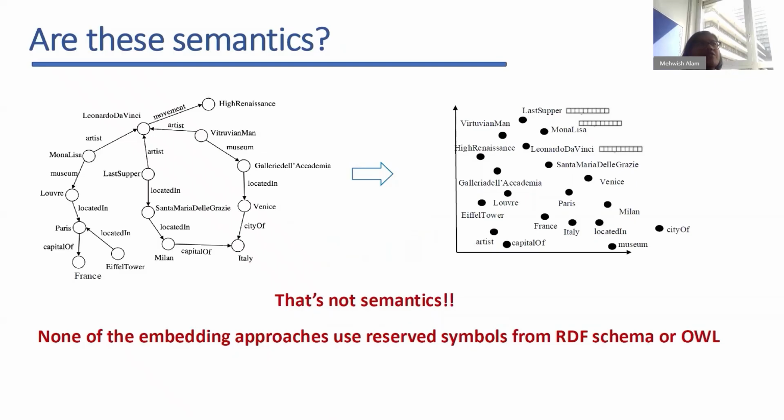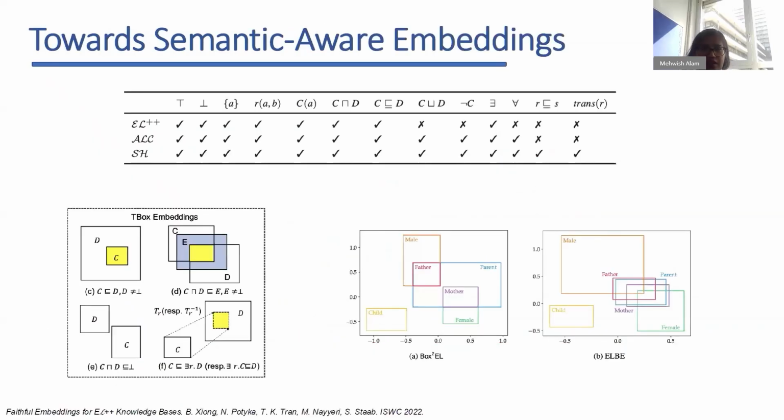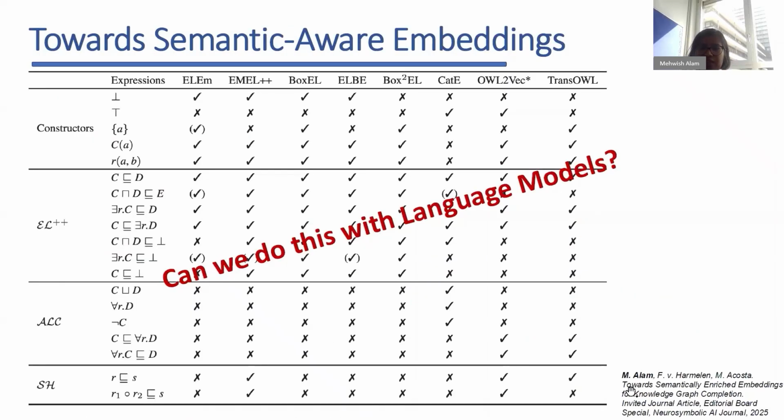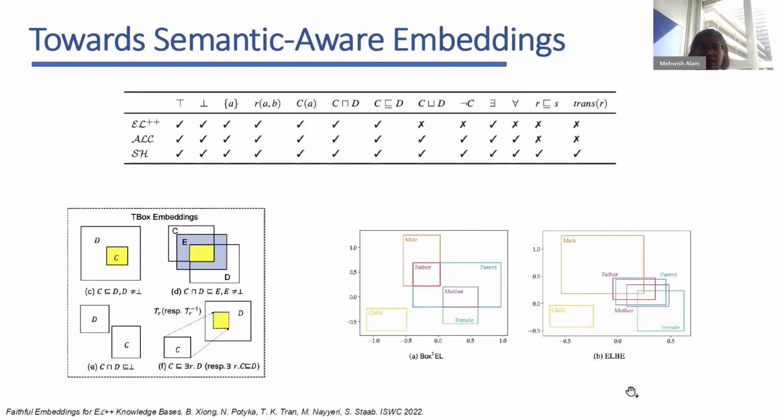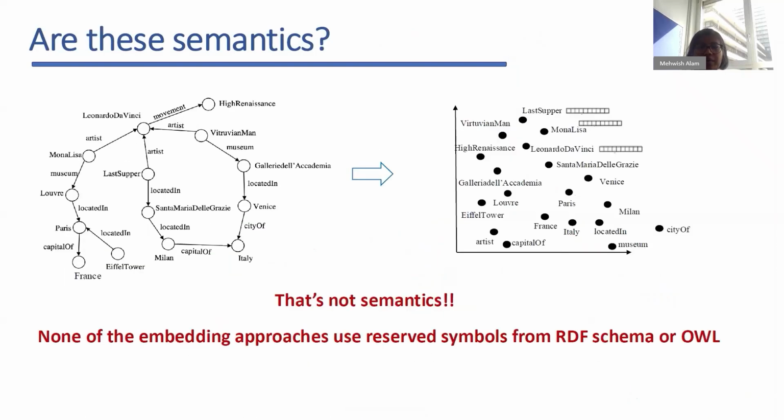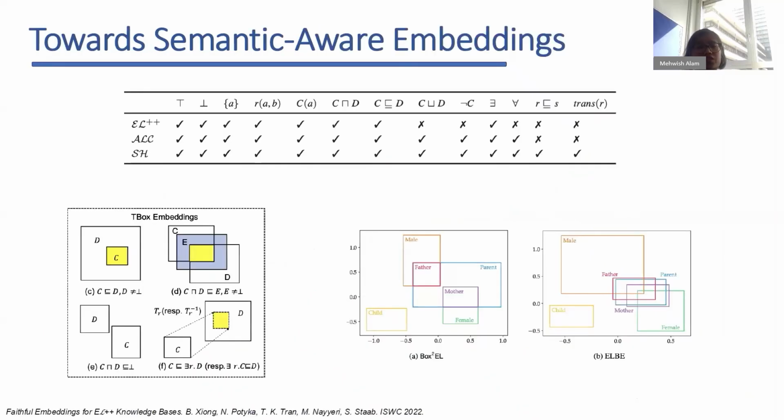Now there has been a lot of recent work, which we summarize here. I will come back to this slide afterwards. It considers this kind of information, the OWL ontology, the RDF schema. What is happening there is that you are able to represent such concepts.